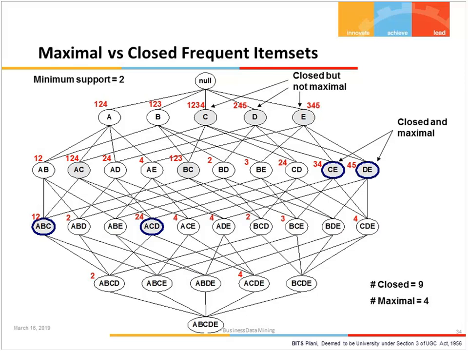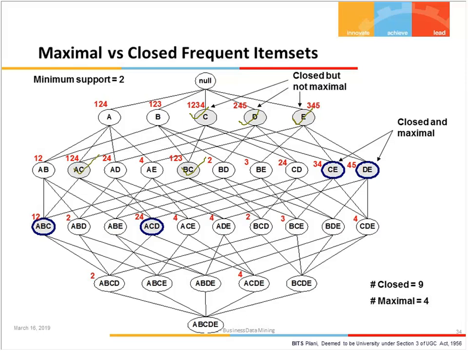Similarly, we are looking at which are closed. C is closed, D is closed, E is closed, because E has so many supersets and none of them have a frequency of 3. So E is closed. Then BC is closed, which has a support of 3, but nothing is below that.